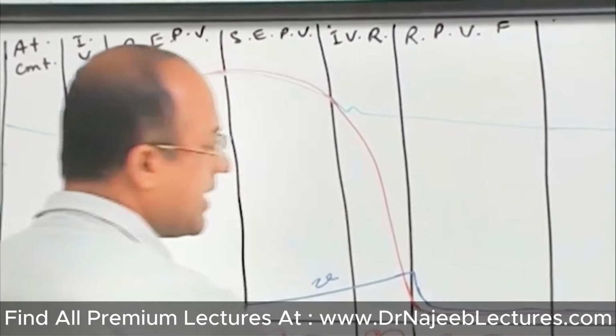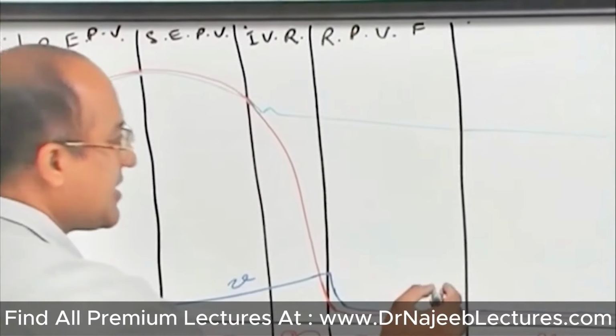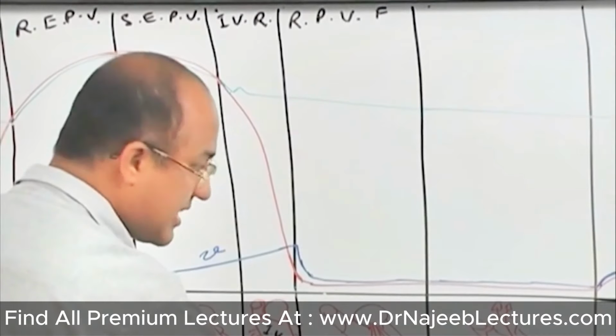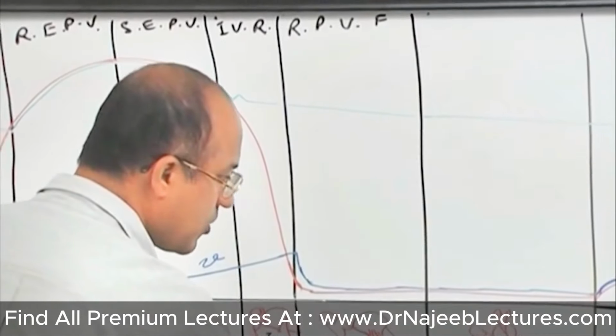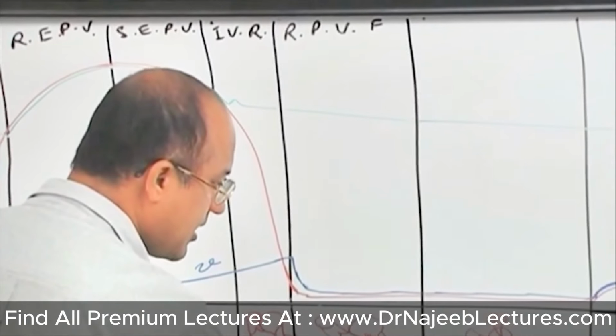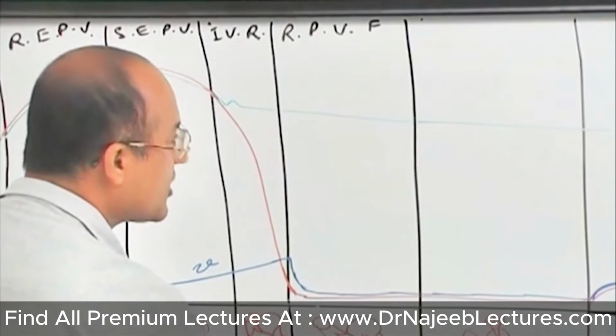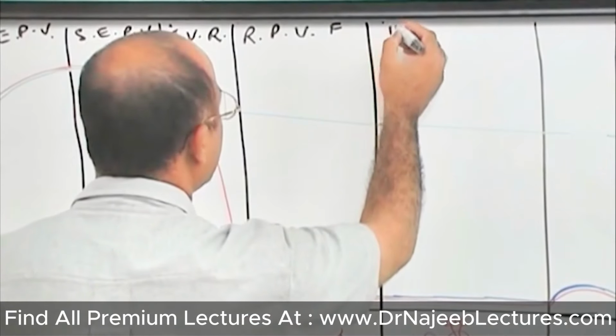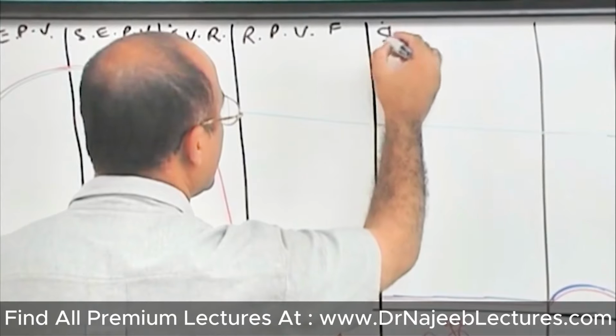Then what was this? Rapid but passive filling. At the end of it, if this filling becomes too fast, then another sound may be produced. What is this sound called? S3.